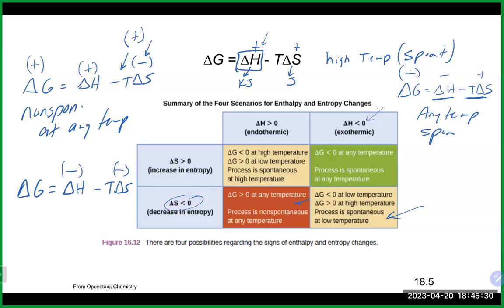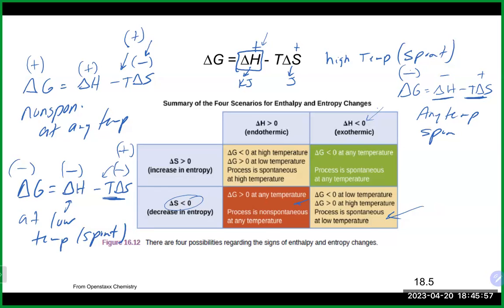And that means that these two negatives, once again, are going to turn this into a positive. So as long as the temperature is low, that will keep this part being less than this part, and that will always result in a negative delta G at low temperatures. It will be spontaneous.